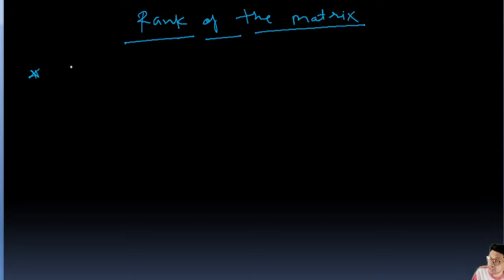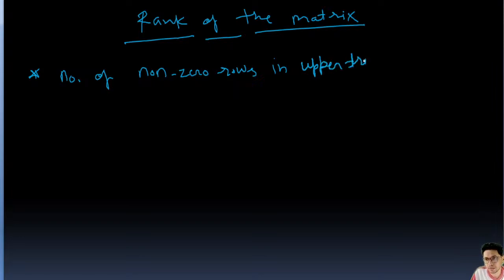For finding the rank of a matrix, if we find the number of non-zero rows in the upper triangular matrix, that will be the rank of the matrix. I will explain it by example.